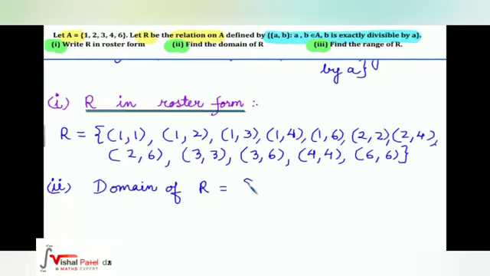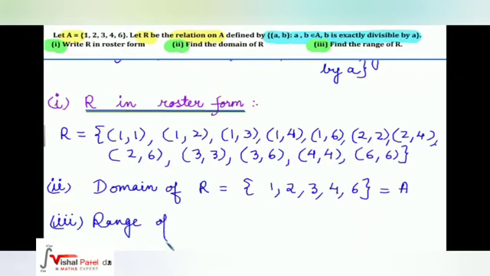And domain of R, we all know domain is the first element of your relation. So the first elements are 1, 2, 3, 4 and 6, and that is your A. Range of R is equal to the second element of the relation.